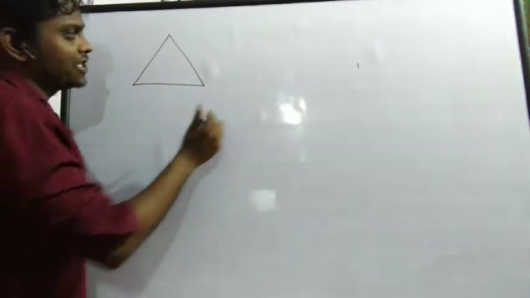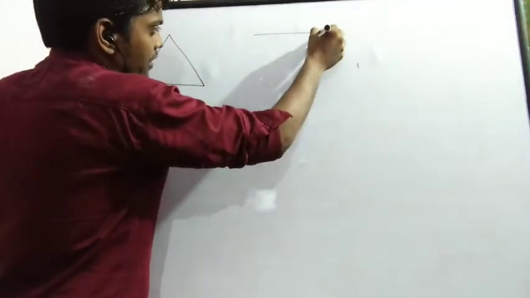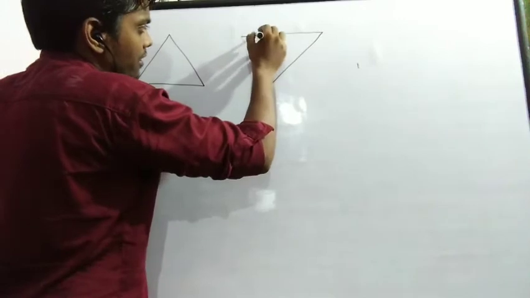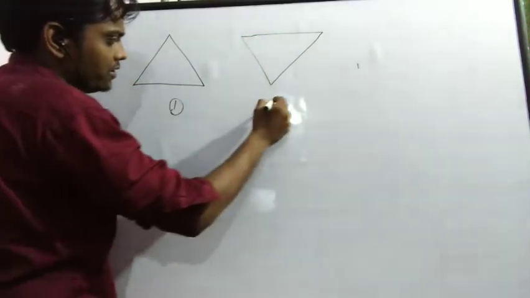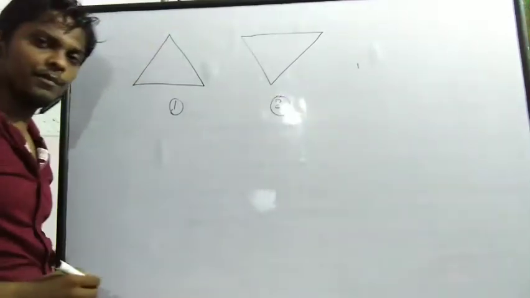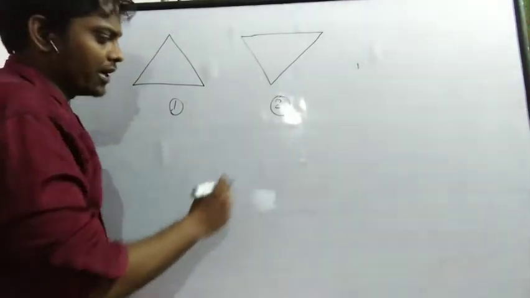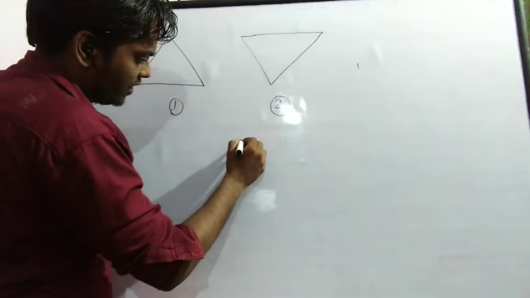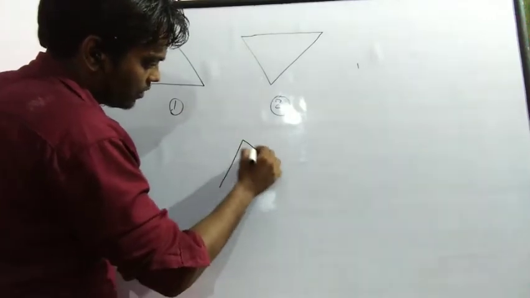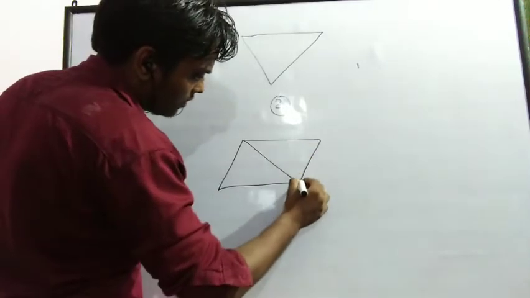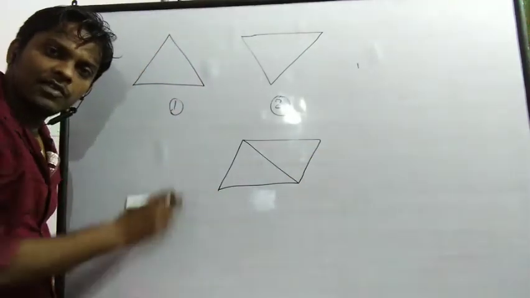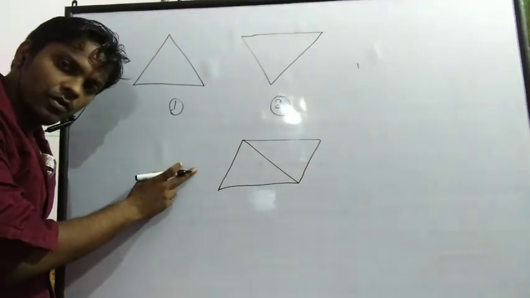One triangle is like this and one triangle is like this one. Now if we join, this one is triangle number 1, this one is triangle number 2. If we join these two triangles, what shape will we have? We will have this shape, yes or no?